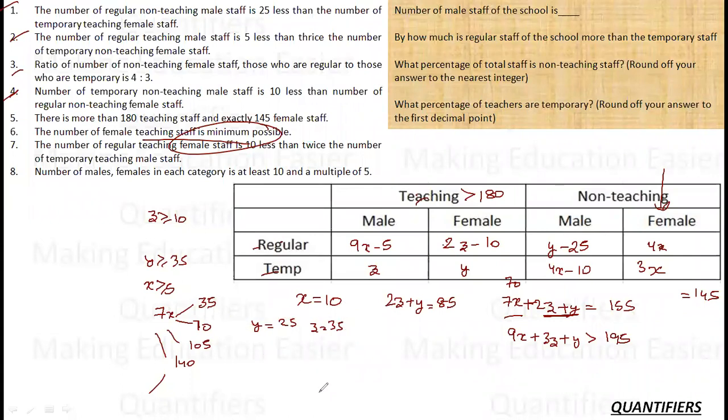So let me use this and fill in the values. x is 10, so all the constraints related to x: 9 into 10 minus 5 is 85. This will be 4 into 10 minus 10, 30. This will be 40 and 30 again.